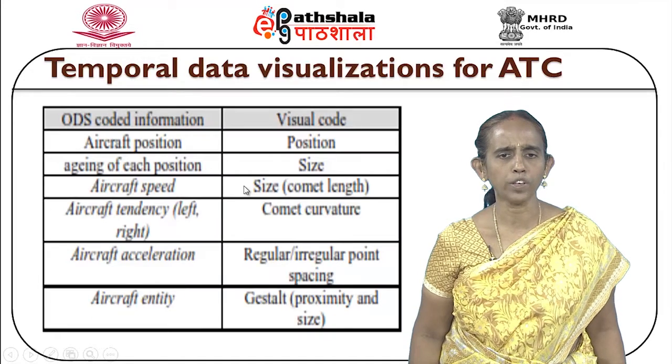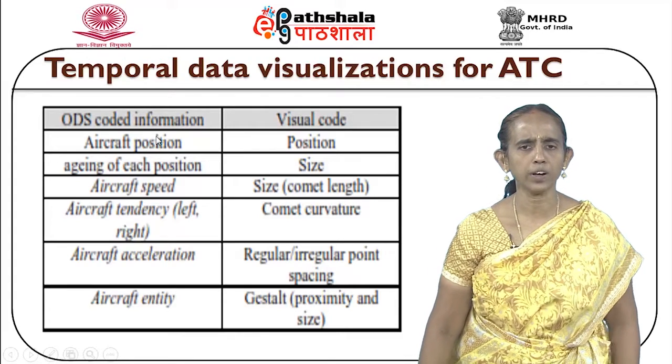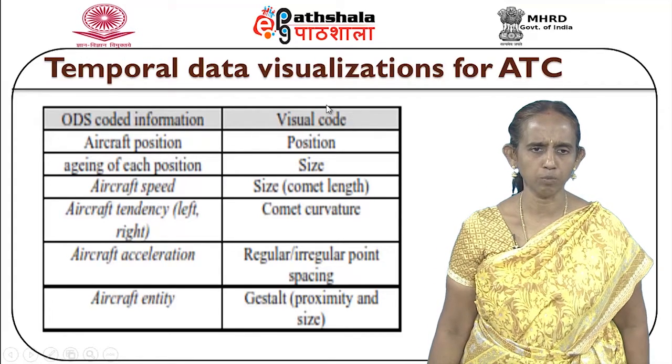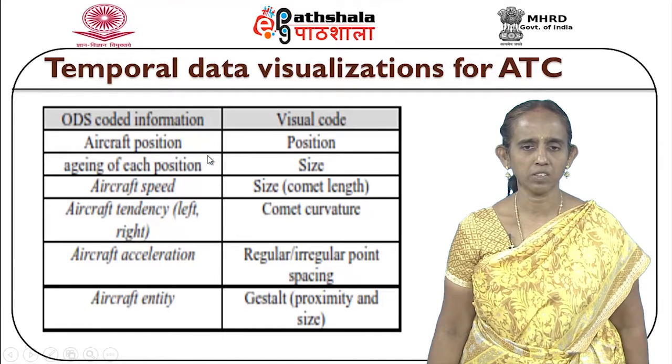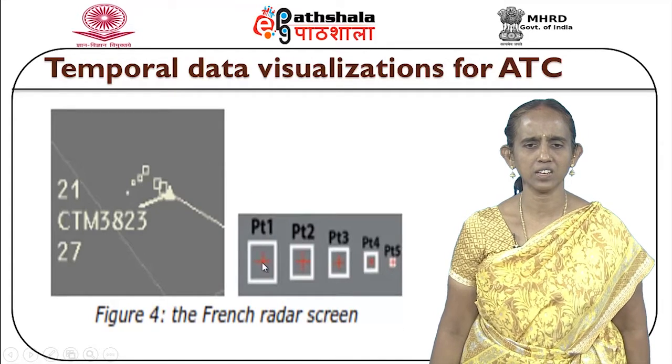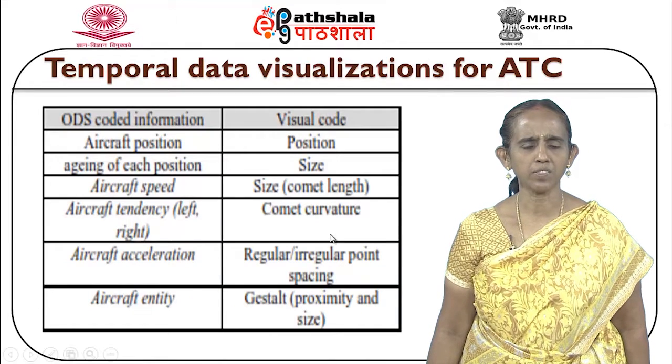So this is ODS coded information wherein the aircraft position is encoded as a visual code in the form of a position. The aging of each position is represented as size. We can see here as the aging increases, the size also decreases. The aircraft tendency from left to right is represented here as a comet curvature.